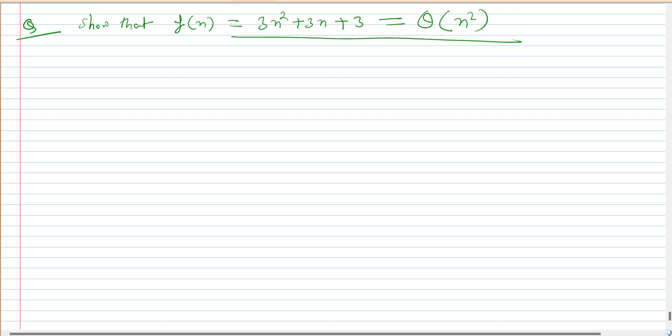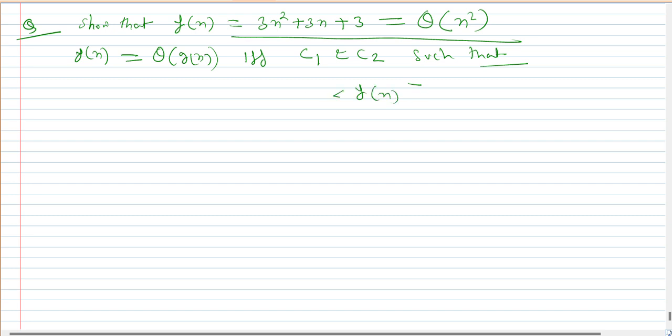So as per the definition of theta notation, we say that a function fn can be written as theta gn if and only if there exist two constants c1 and c2 such that our fn lies between c1 dot gn and c2 dot gn for n greater than or equal to n naught.